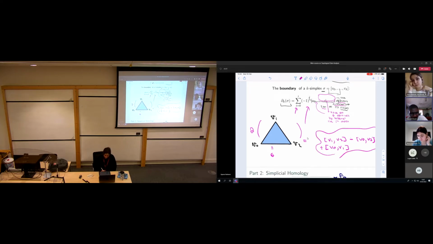Combinatorially, this is the boundary, a formal sum of 1-simplices. This is the boundary of my 2-simplex sigma.